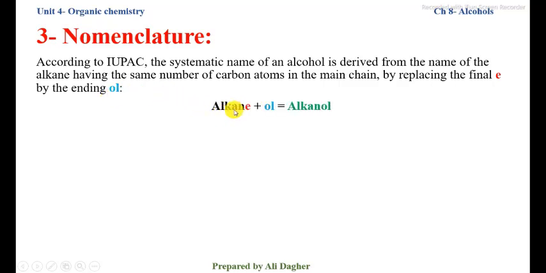That means for the alkane, we replace E by ol, then the name of the alcohol becomes alkanol. Example, CH3OH: the alkane formed of one carbon is methane. We replace E by ol, then the alcohol becomes methanol. Two carbons, CH3CH2OH: ethane, we replace E by ol, ethanol.